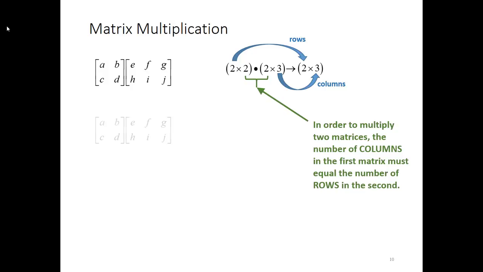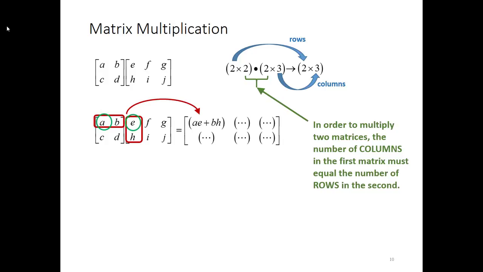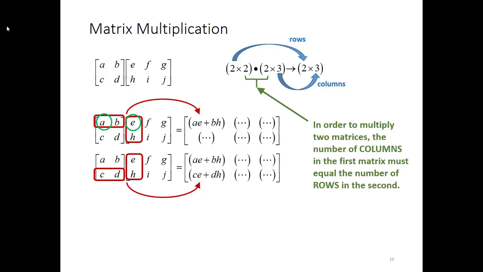So how do we go about multiplying them? So got the two matrices here again. I'm going to take the first row of my first matrix and multiply it by the first column of my second. So I get AE plus BH. And then I'm going to have other terms here as well to fill out the 2x3 matrix. Secondly, I'm going to take the second row of the first matrix and multiply it by the first column of the second matrix.